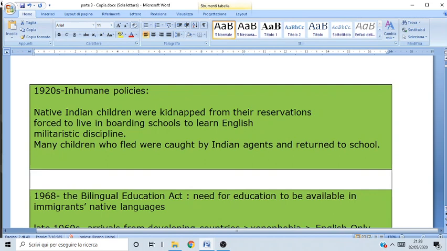So with this very harsh and inhumane behavior, these kids were brought to these boarding schools, forced to learn English, following, let's say, a military type of life. And those kids who even tried to run away would be caught by the Indian agents and returned to school.